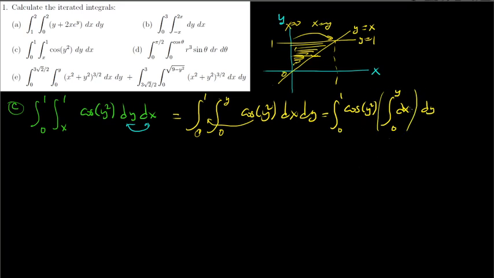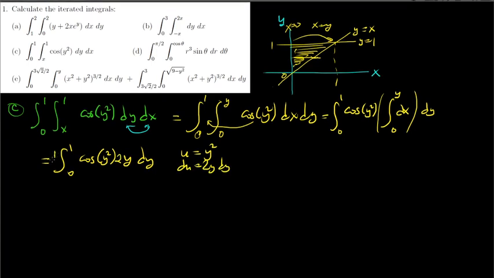So the inside integral now is just y, because the integral of dx is just x evaluated between 0 and y. So that gives us the y we need for substitution, right? So now u is y squared, du is 2y dy, multiply by 2, divide by 2, and we're all set, right?